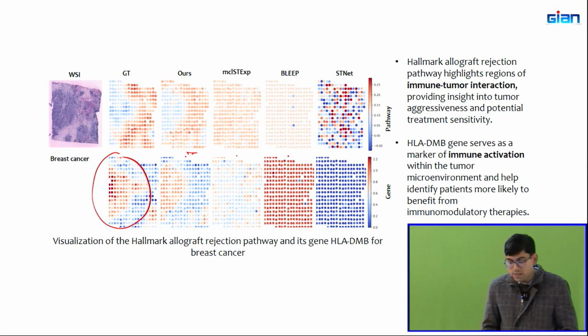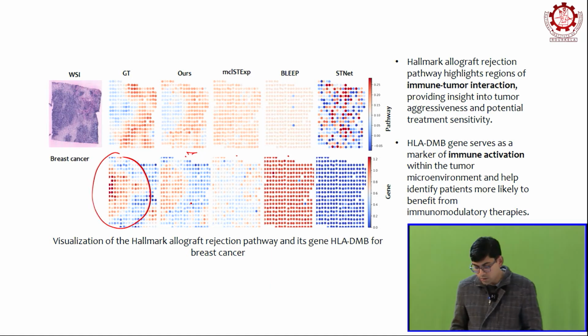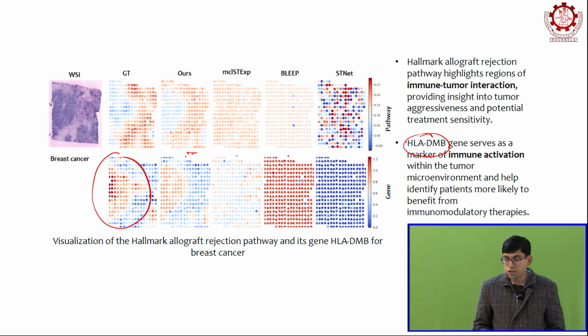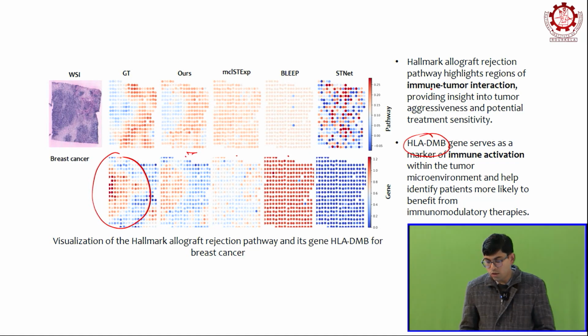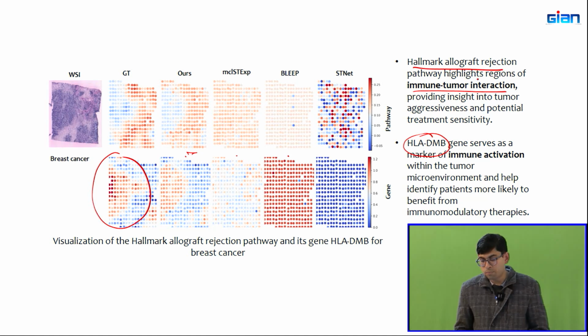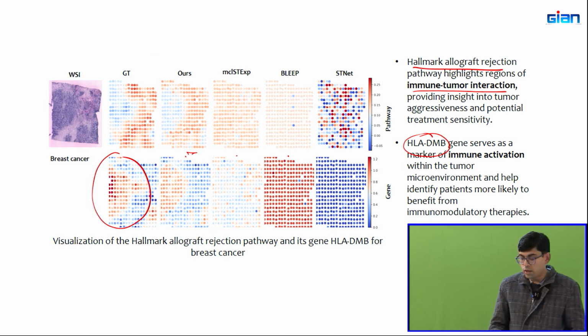visually are quite similar to the expression level of the ground truth, and you see that not just for the gene here. The gene that we considered here serves as a marker for immune activation, and it is one of the genes in the hallmark allograft rejection pathway, and that's the pathway score that you see on the top part of the screen.